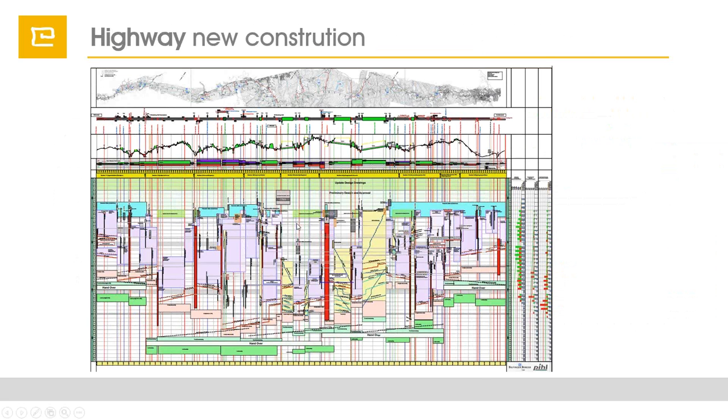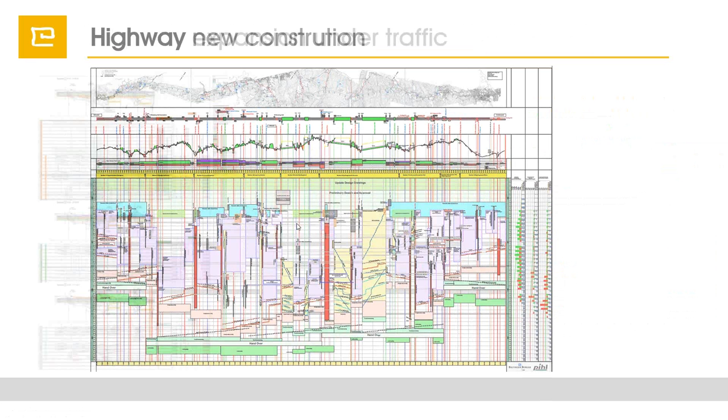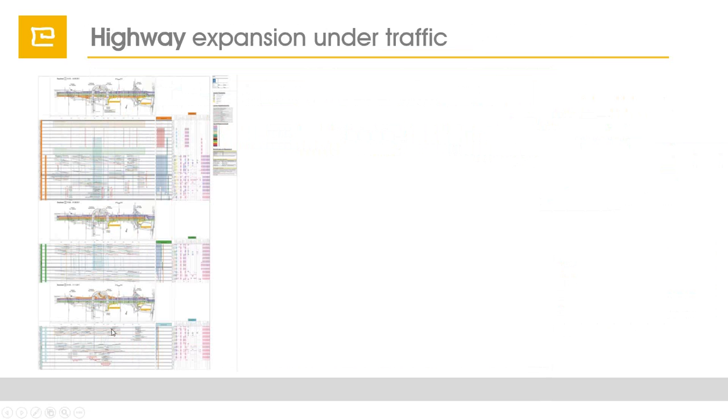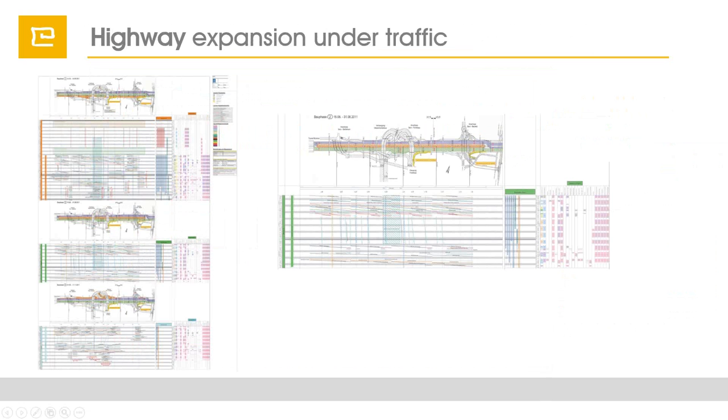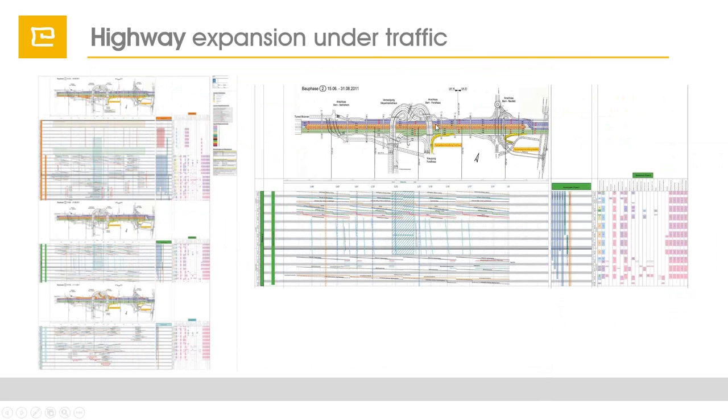A Swiss project was done for repairing a highway section under traffic, and they made 3 stages of the project because they were splitting it in 3 phases. If we zoom in a little bit, we see that the orange part is always the one that is not under traffic and where the repair works go.